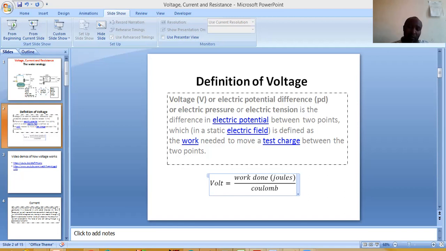And when we are talking of this kind of relationship, you have to be talking of an appliance. You must have a circuit element in mind so that you ask yourself, what is the power dissipated or generated by that circuit element? Then divide by the current flowing through the circuit element. It could be a resistor, it could be a bulb, whatever it is.